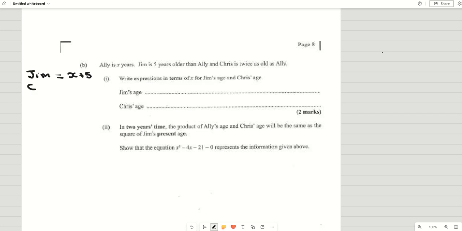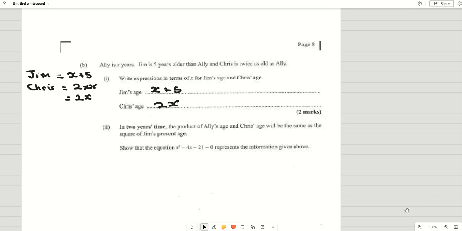So Chris, if Ali is X, Chris would be 2 times X, which is equal to 2X. Write the expression in terms of X, so Jim's age and Chris's age. Well, we already did it: X plus 5, and then 2X for Chris.